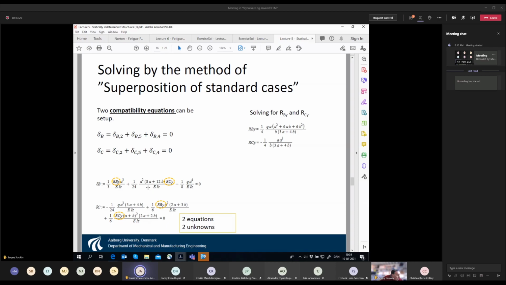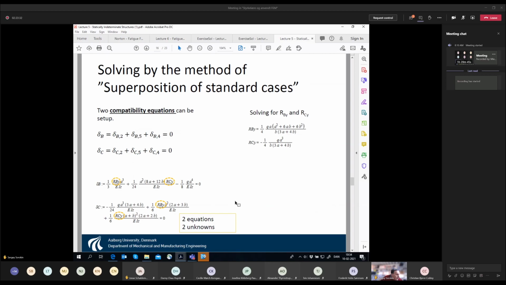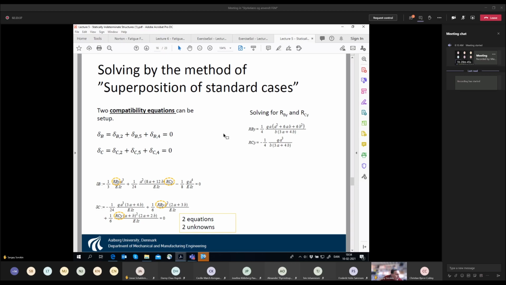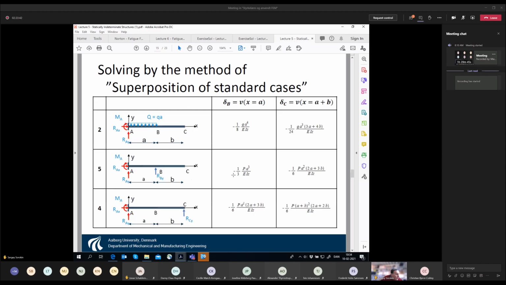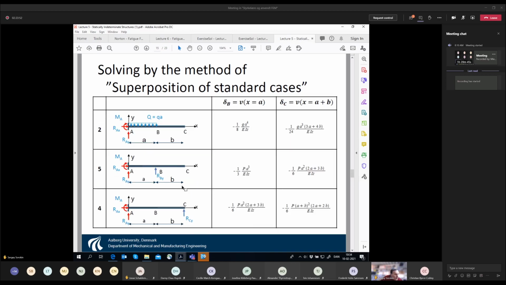I think it's the delta C. Oh yeah, you've taken a value from delta C. So the first one is definitely correct. Then we have this one of the 3, which is also fine. And then we have this 1 over 24 a squared, which I presume is delta C2.